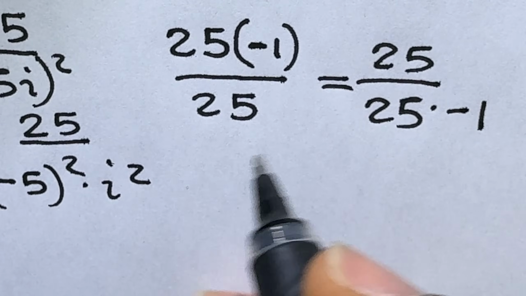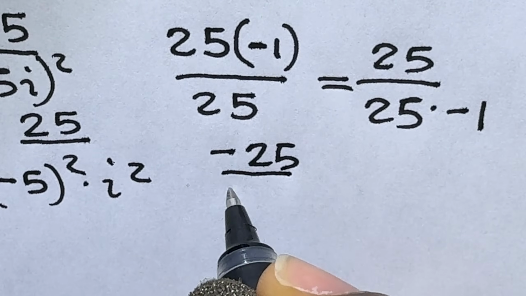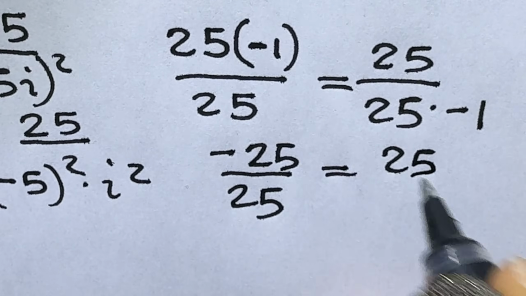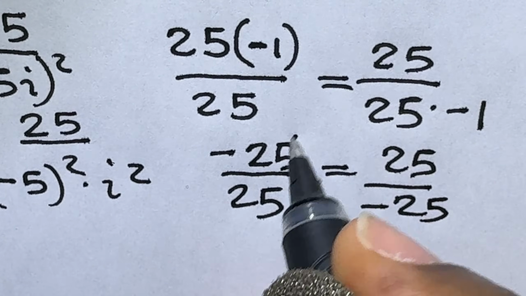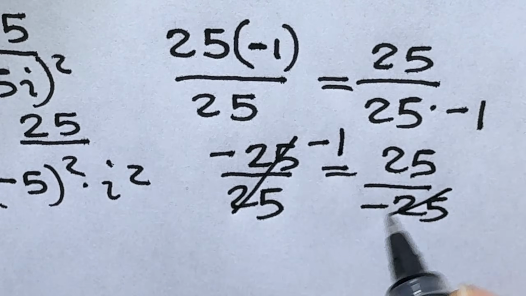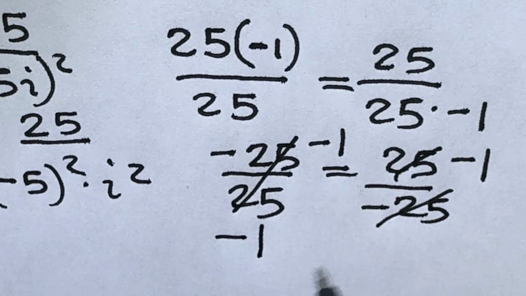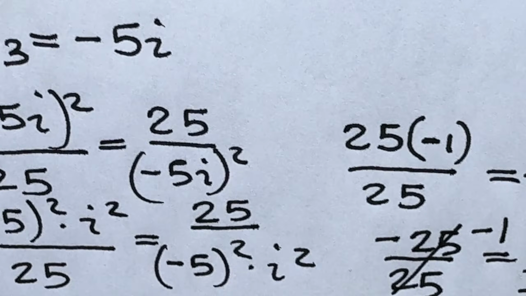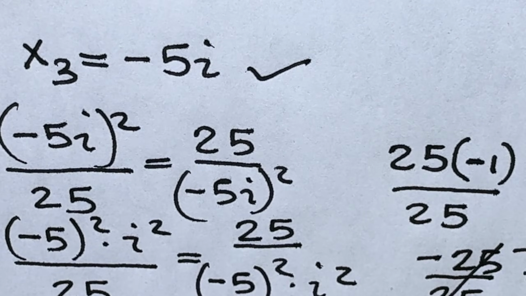So this gives us negative 25 divided by 25 is equal to 25 divided by negative 25. This will give us negative 1. Either way, left hand side is still equal to the right hand side. Hence, this value of x is also correct and acceptable.